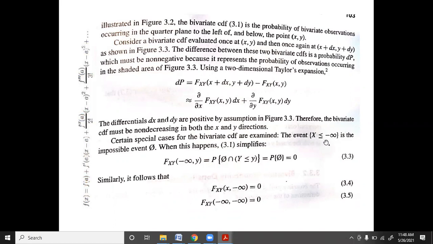That means x less than or equal to minus infinity, and similarly y less than or equal to minus infinity. If we have that, it gives us the value of an impossible event. F of xy for a single variable, x less than or equal to minus infinity is definitely an impossible event. For example, in the throwing of a dice, the possibilities are 1, 2, 3, 4, 5, 6.